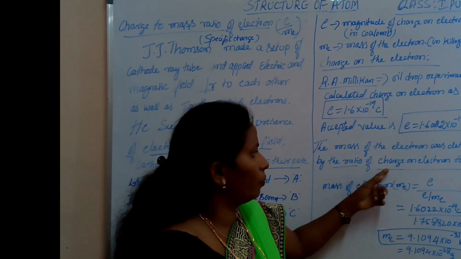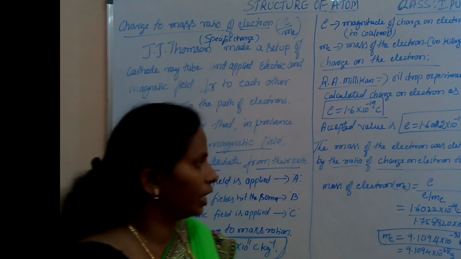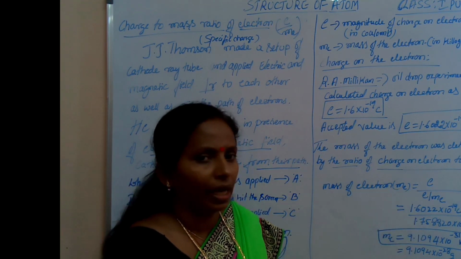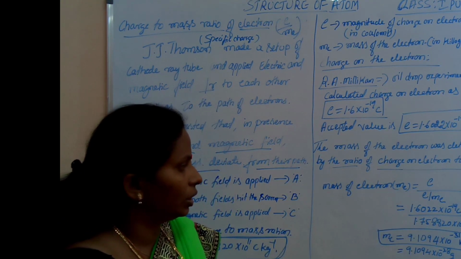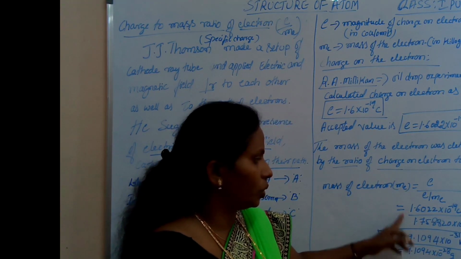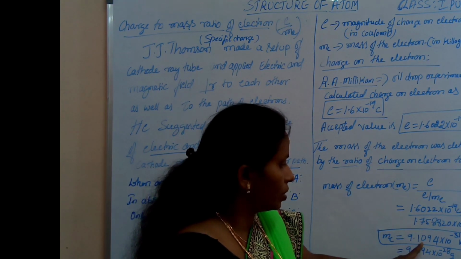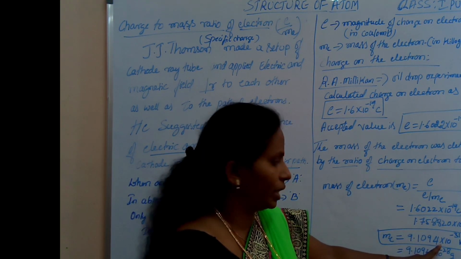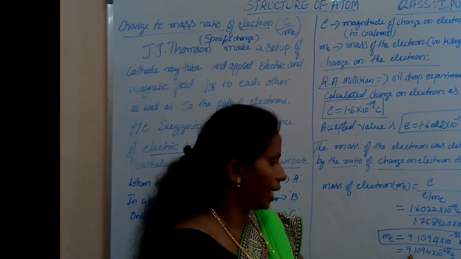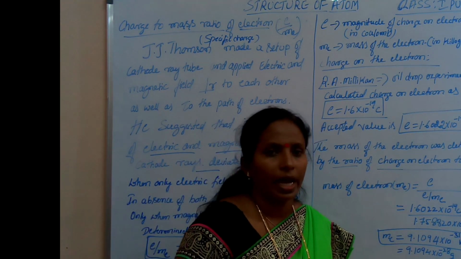Mass of an electron equals the charge on the electron divided by the specific charge e/me. Substituting the values, they got 9.1094 × 10^-31 kg, or in grams, 9.1094 × 10^-28 grams.